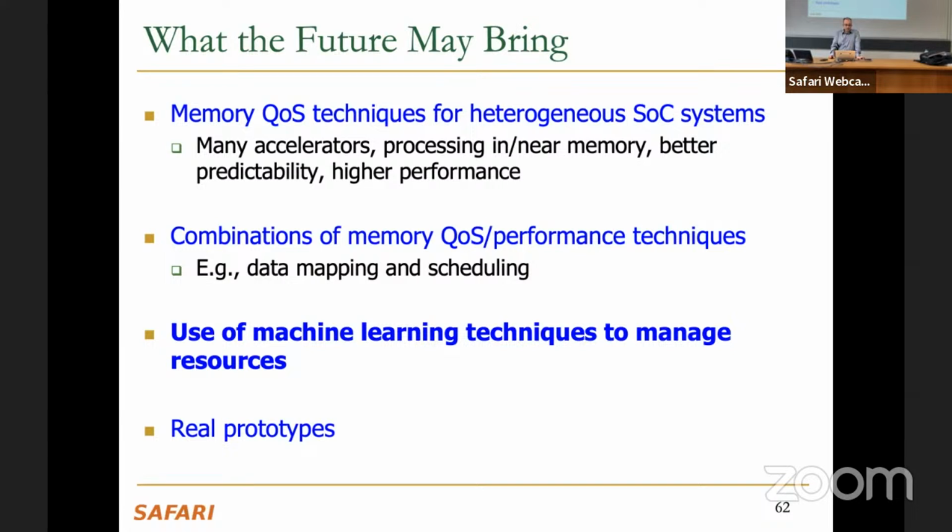This is quite interesting, as we also discussed at the beginning of this course, with data-driven architectures where you use machine learning techniques to learn from your data. We also showed a self-optimizing memory controller that was learning from application and data characteristics.